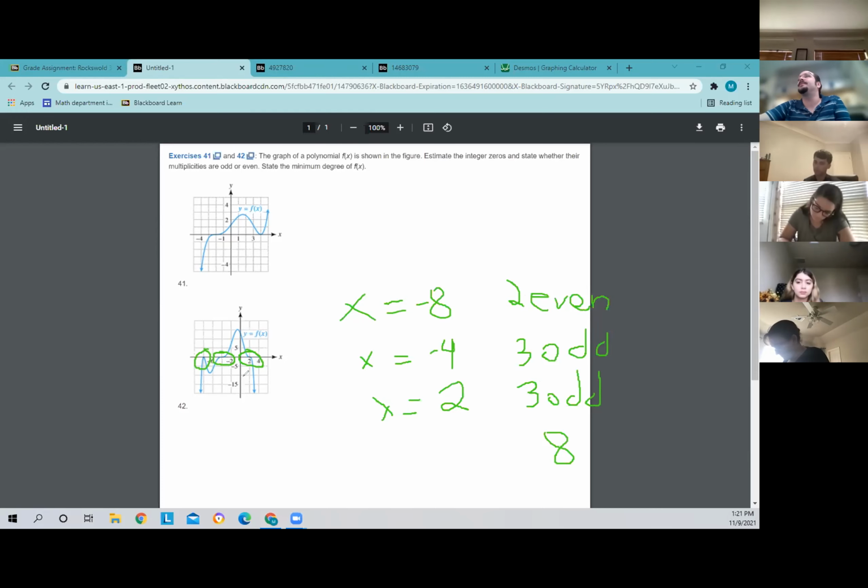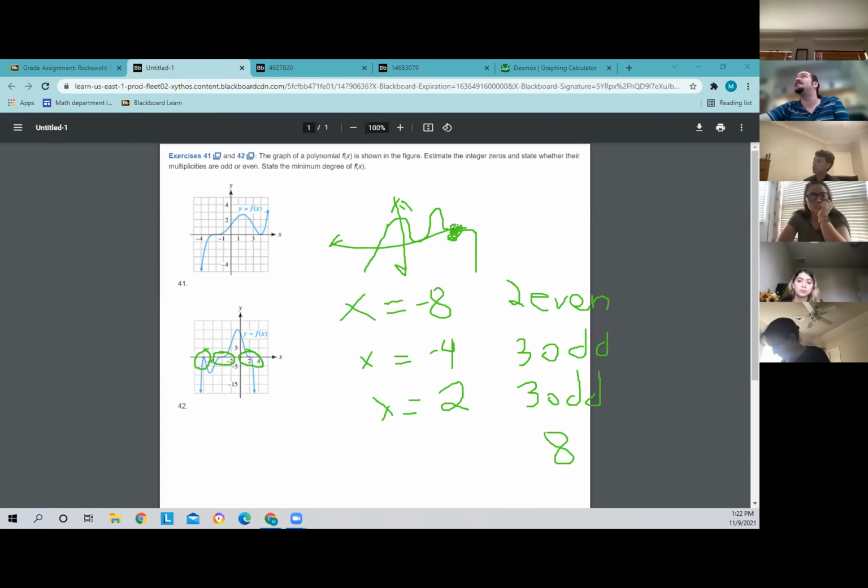Now, if it went straight through, right? These are saddling. So if we had something that just went straight through, we would assume that's probably 1. If it bounces, that's at least 2. But when it saddles and does that weird saddling thing, that's when we assume it's got to be at least 3.